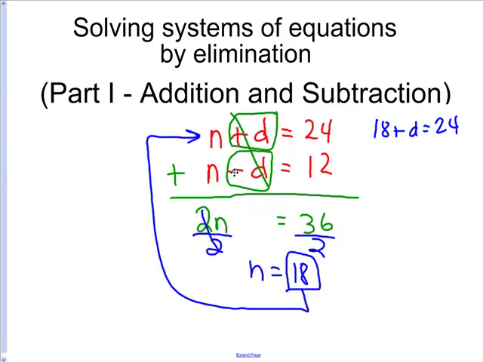And by subtracting 18 from both sides, I get d equals 6. And that makes sense, that 18 plus 6 would be 24.